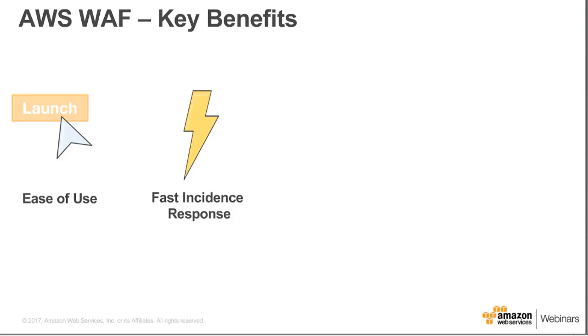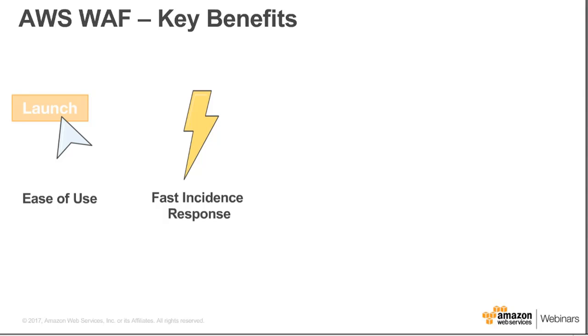Fast incident response is another feature that customers have come to like. We have a P99 of about 55 seconds from the time you hit the submit button on a rule update or a new rule. All your global assets, it could be application load balancers running in the different regions that WAF is available in, as well as all 80 CloudFront POPs that are there globally today, will get the new rule within 55 seconds.